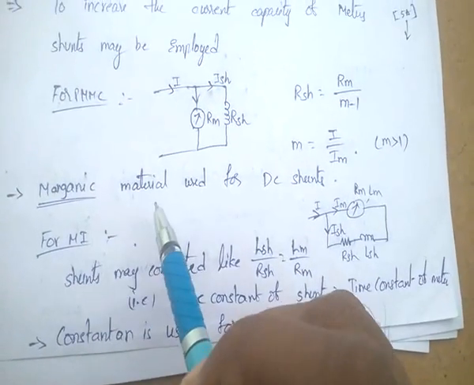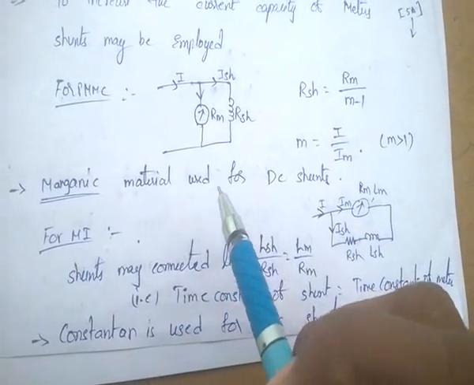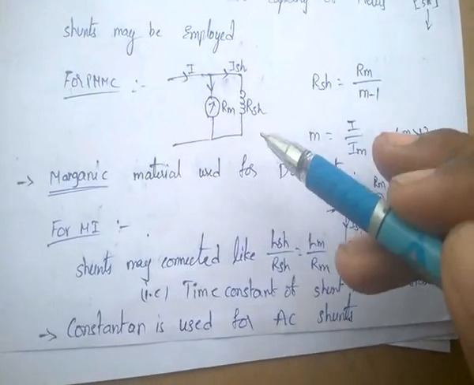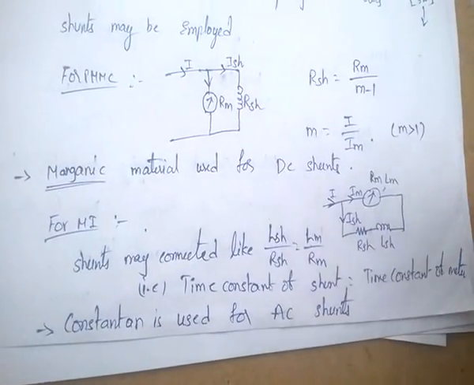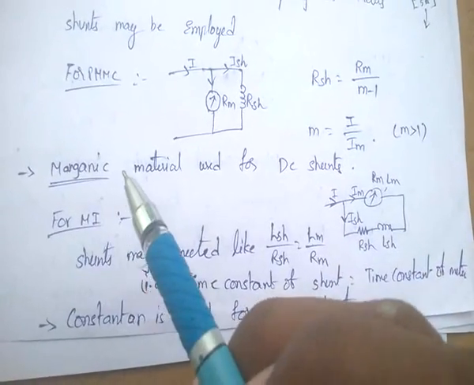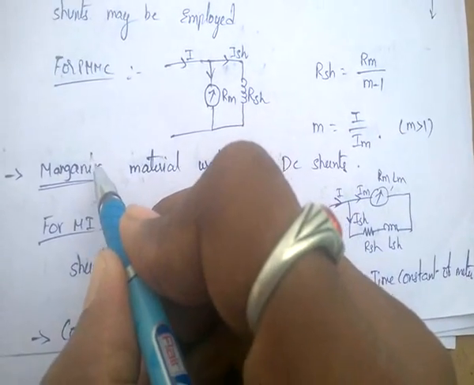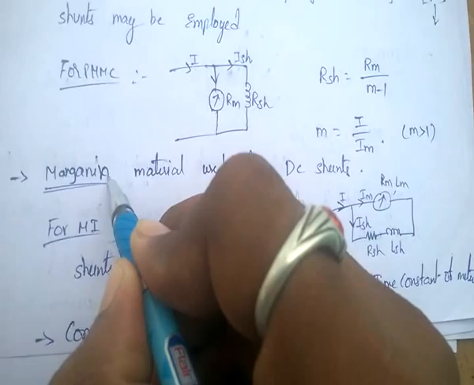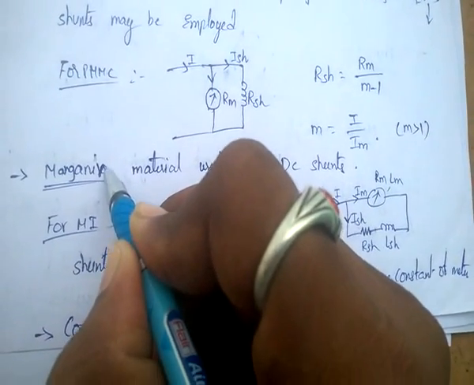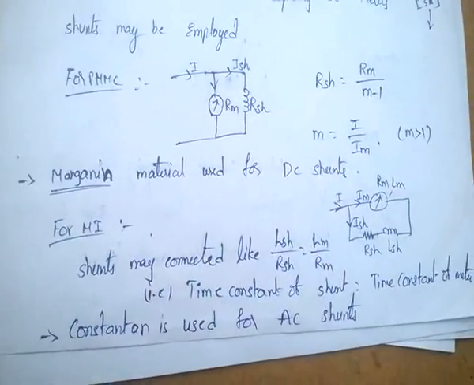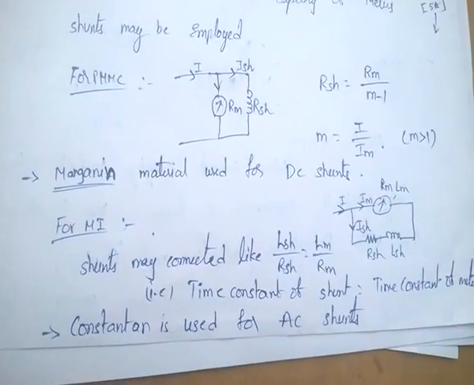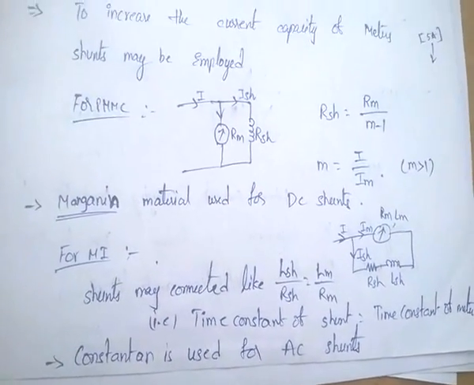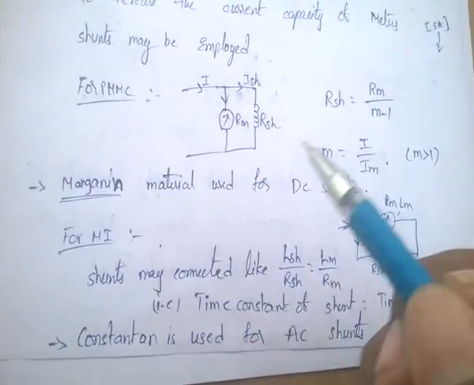For DC shunts, manganin material is used. Why is this material used? Because it has a constant temperature coefficient. That means as temperature varies, the resistance does not vary.